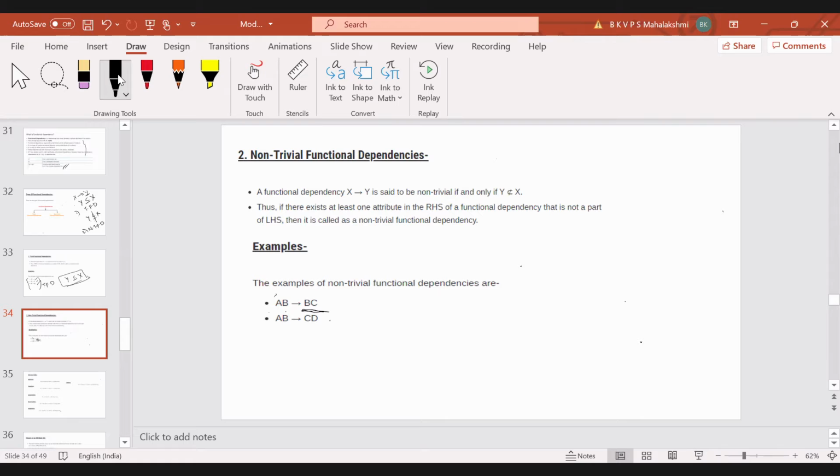No, it is a subset, not equal to X. And this one. So these will come under the non-trivial functional dependency. The complete right side attributes should be a subset of the left side attributes.